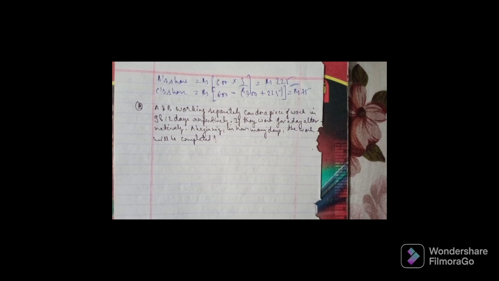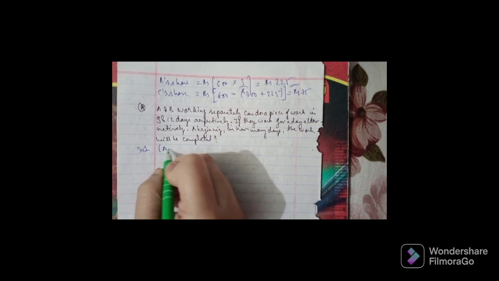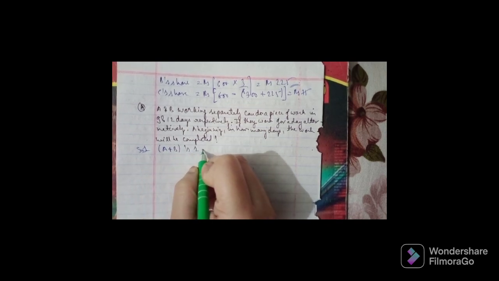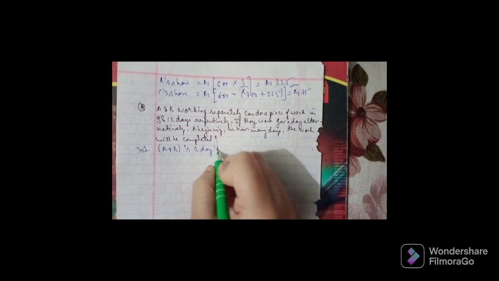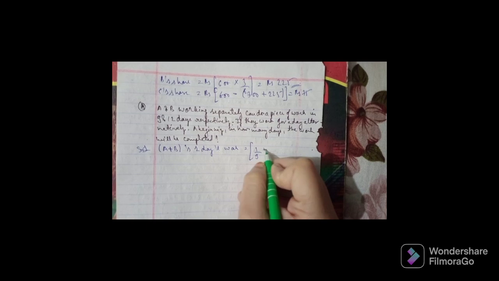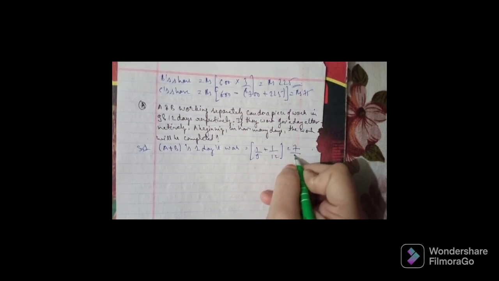We'll go for the solution. We'll find it out as well. A plus B 2-day work equals to 1/9 plus 1/12, which is 7/36.